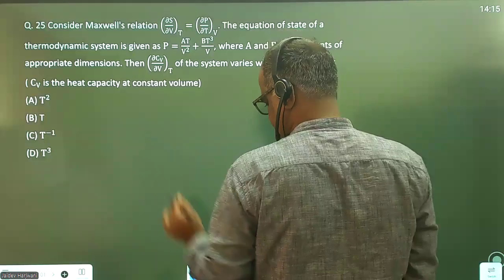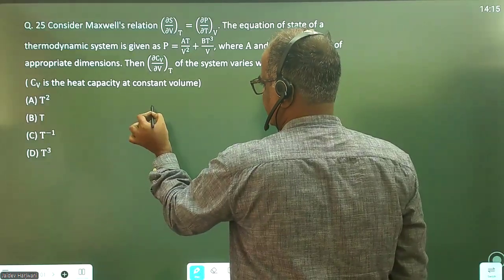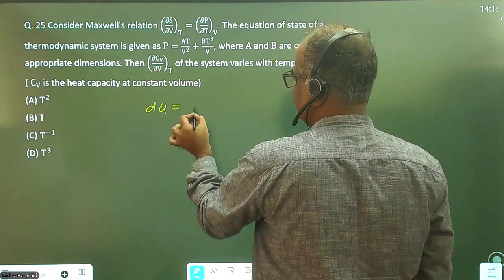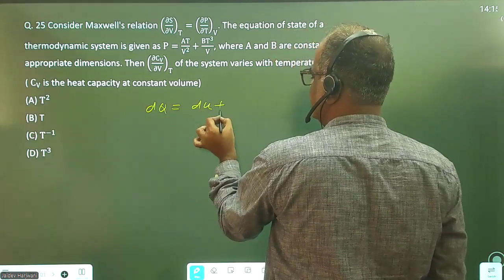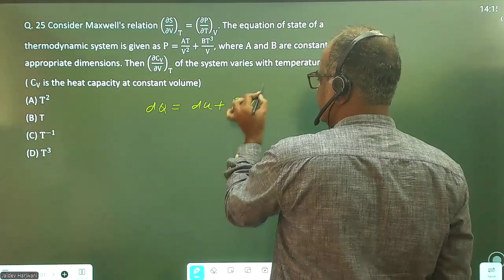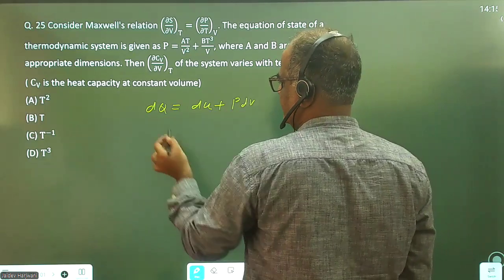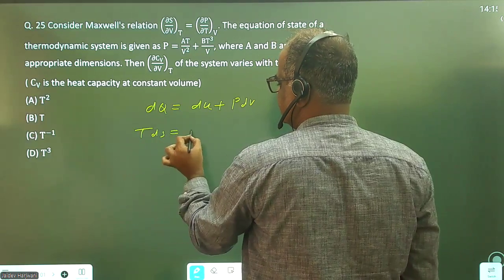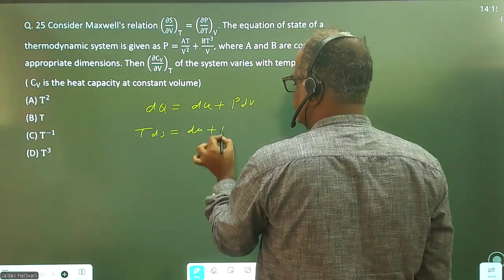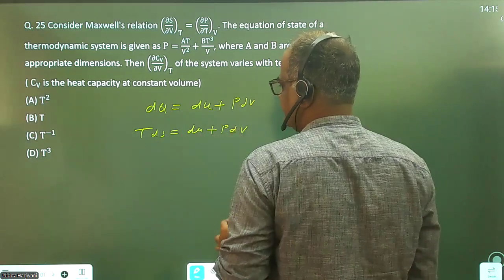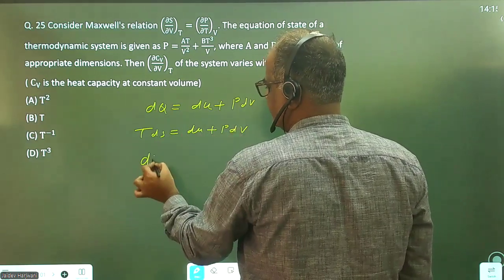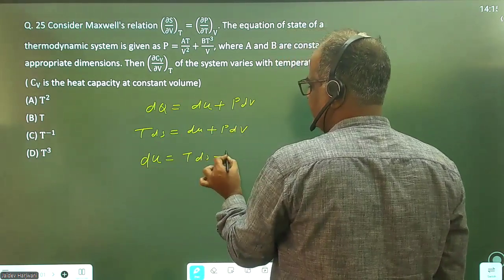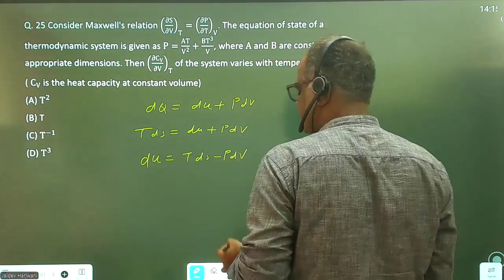So first of all, we know from the first law of thermodynamics, dQ is equal to dU plus PdV. And we can also write dQ as T dS. So my dU becomes TdS minus PdV.